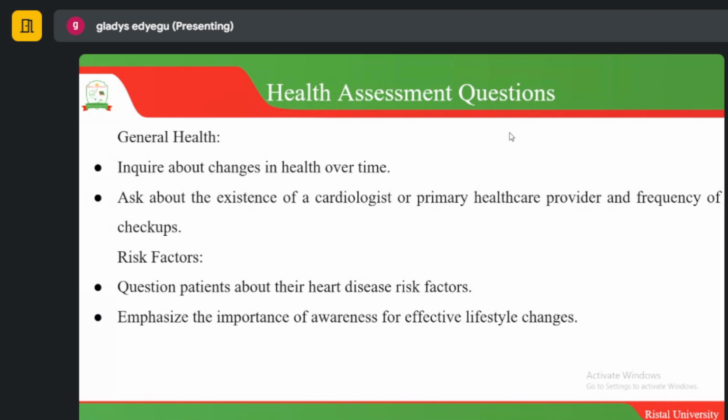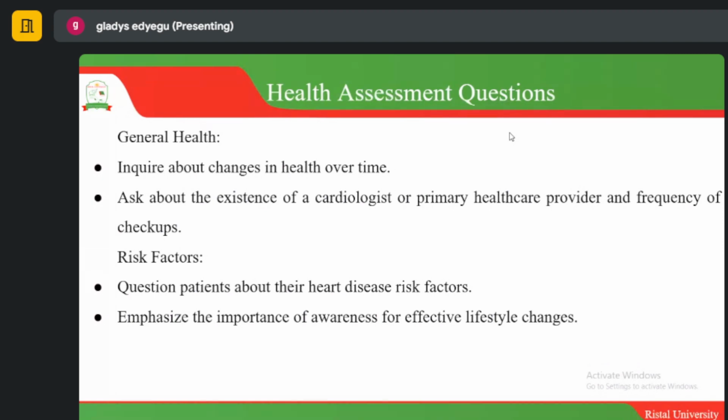So there can also be questions that can help you get the risk factors. You have to question the patients about their heart disease, and when you ask them, there should be other responses that can help you understand that this can be the risk factor to this kind of condition to my patient, and you advise them accordingly. Then also emphasize the importance of awareness for effective lifestyle changes.